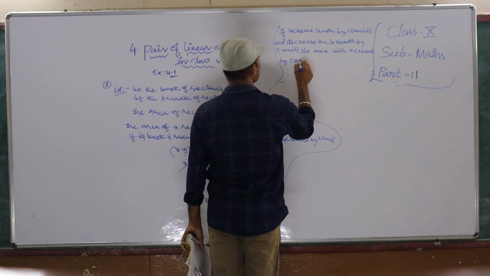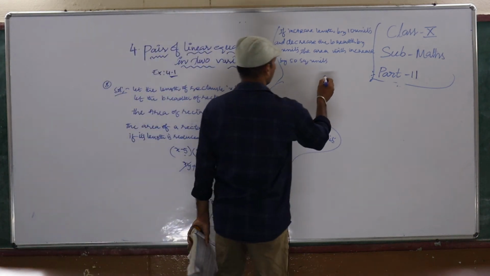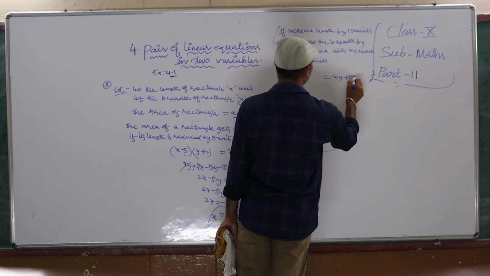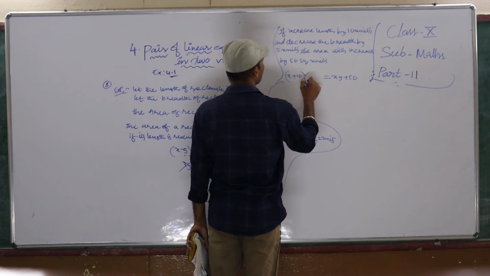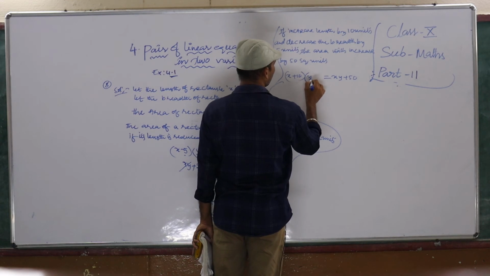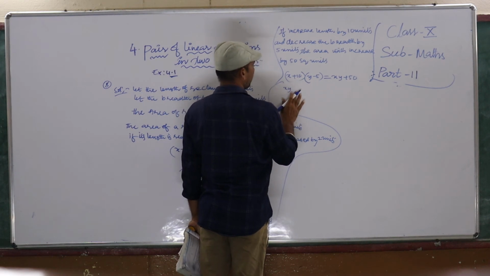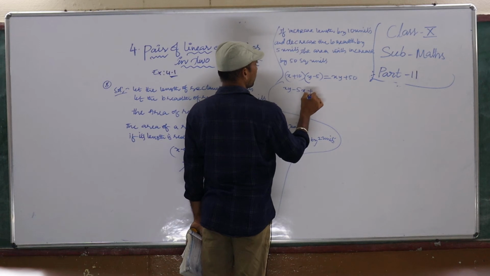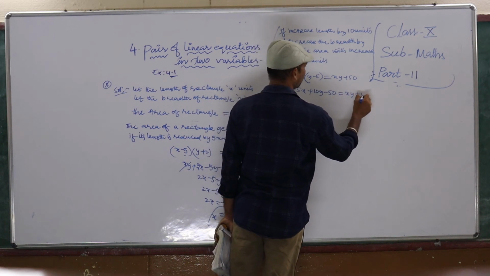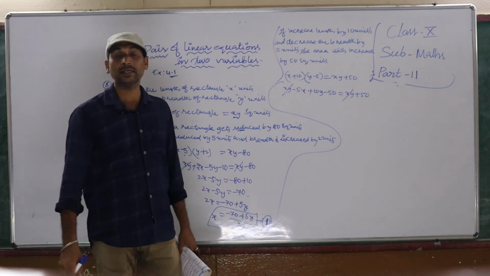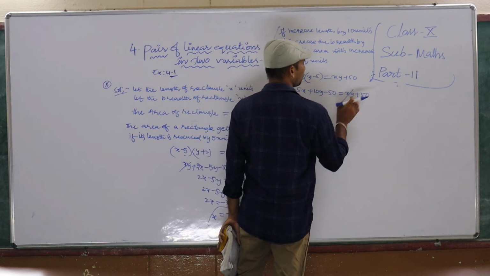So according to this condition, xy plus 50, then increase length by 10, x plus 10, decrease breadth by 5, y minus 5, then x into y xy plus, x into minus 5 minus 5x, then 10 into y 10y minus 50 is equal to xy plus 50. xy cancel, then minus 50 won't get cancelled children here, because both sides have different signs.